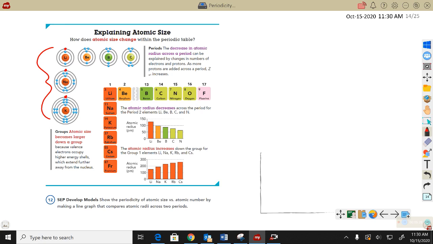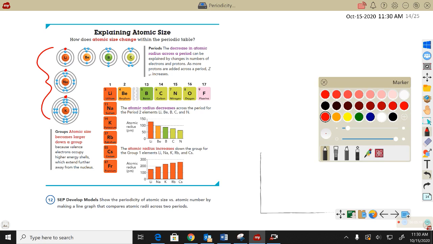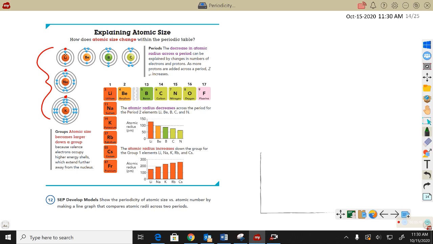Well, according to Coulomb's Law, if you have a greater distance between your charged bodies, here the positive nucleus versus the negative electron cloud, as you increase the distance from the nucleus to those outer valence electrons, the attractive force weakens. It'd be even farther when I get down to francium with electrons in 7 energy levels.